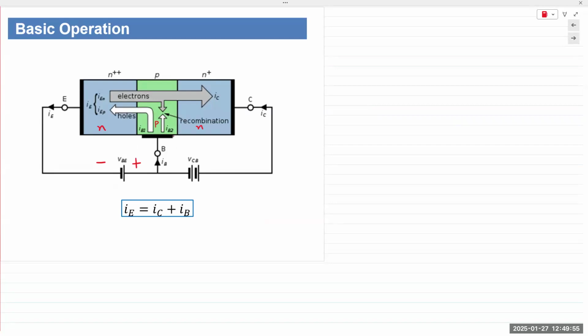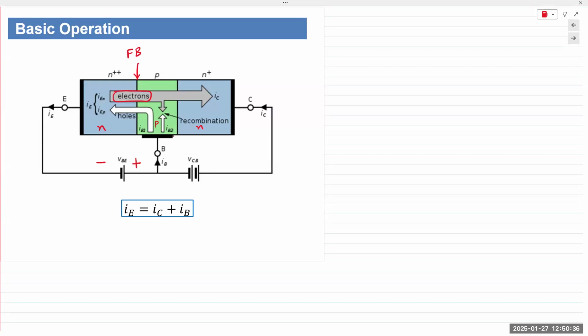Because you're forward biasing the base emitter junction, it behaves like a true PN junction diode, and a lot of the electrons from the N type material, meaning the emitter, cross over into the base region. At the same time, holes in the P region, meaning in the base, will go over into the emitter. But because the base is very lightly doped, the number of holes crossing over is far smaller than the number of electrons that are crossing over into the base.